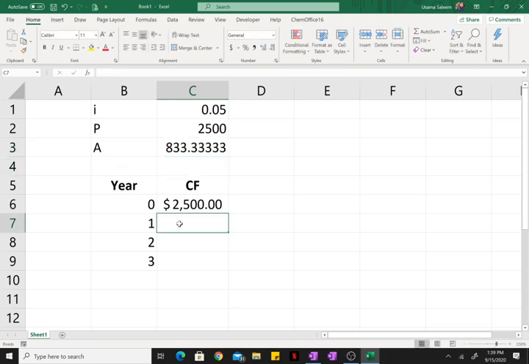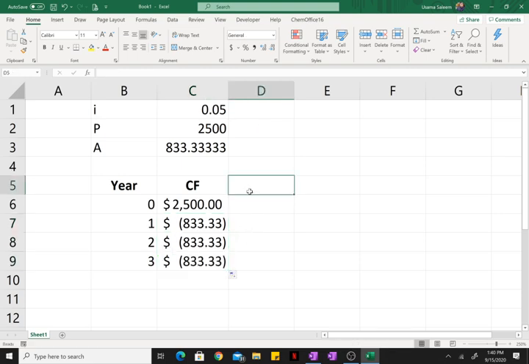Since these are going to be payments, they're going to show up as negative cash flows, and I want to make this the same formatting. I need to make this the absolute reference. All right, and then I'll just drag this down.